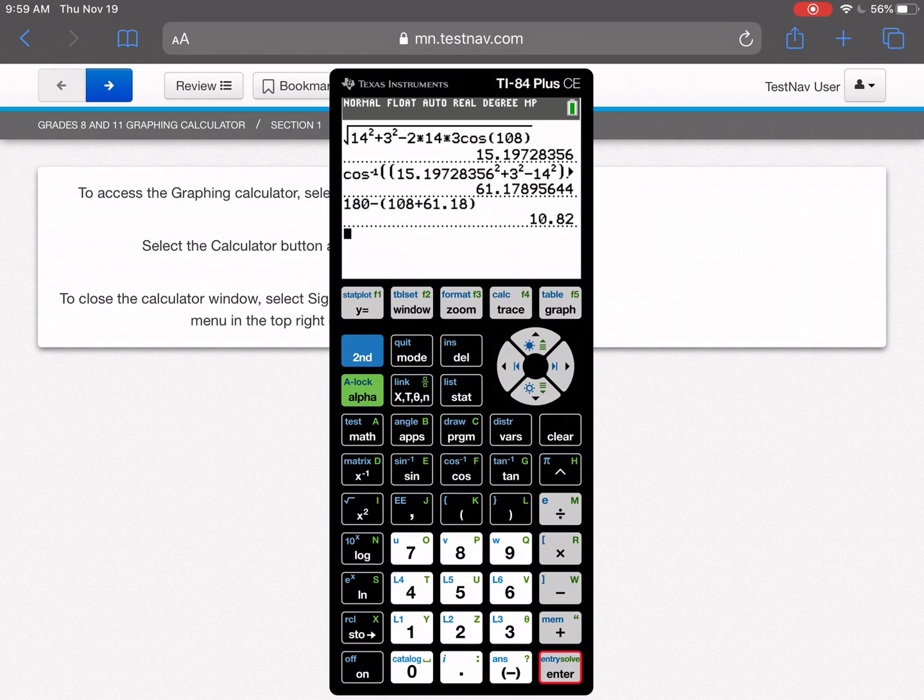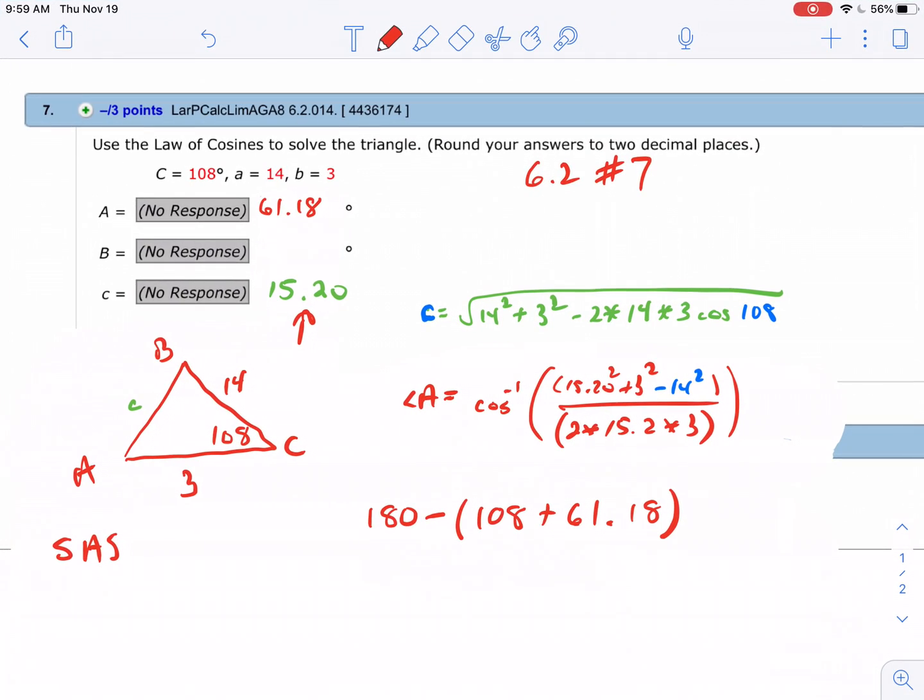I'm getting 10.82. So again, it is possible that you may have to go back to the full decimal if WebAssign doesn't take it. So I had the 10.82. And again, they have the degree bubbles for us.